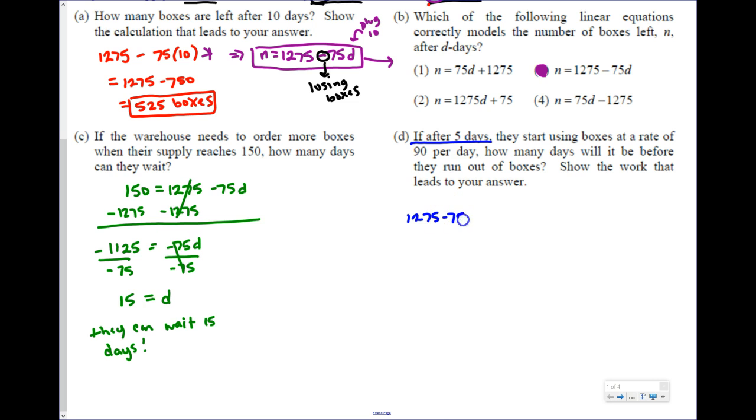So we're still going to use our original 1,275 minus 75, and then plug in the 5 days to figure out how many we'd have. So we get 1,275 minus 75 times 5.